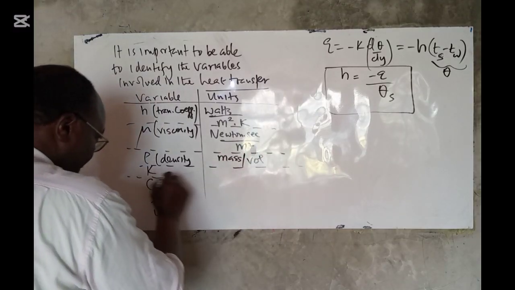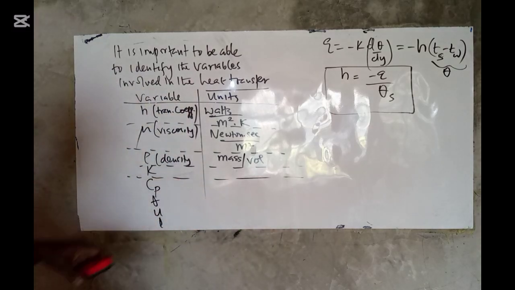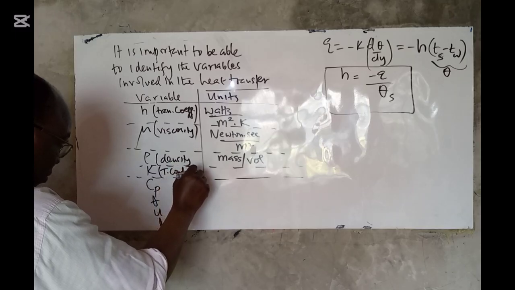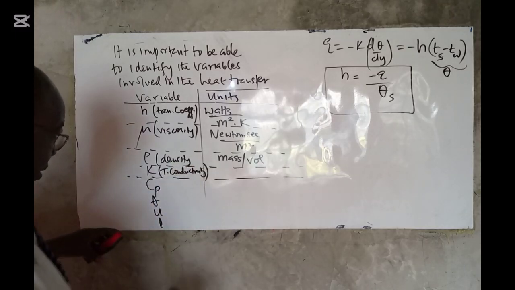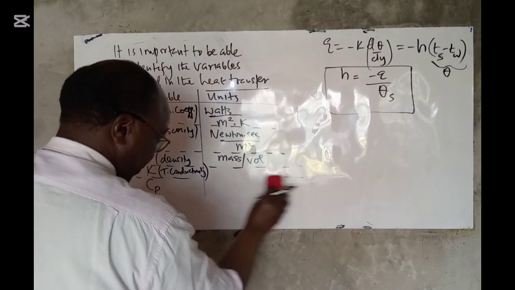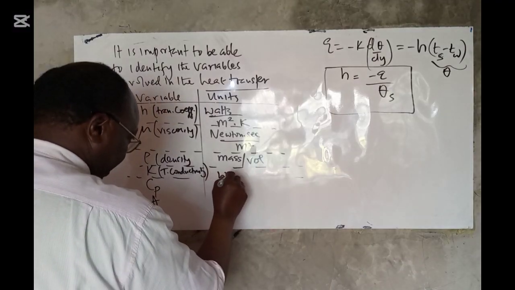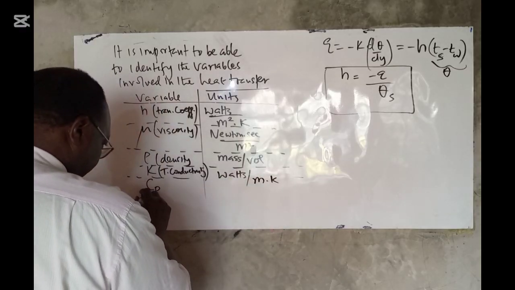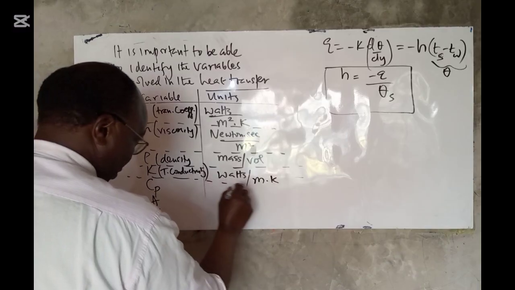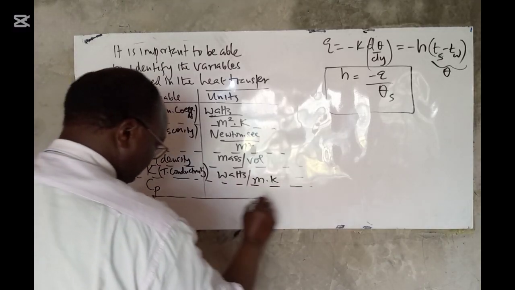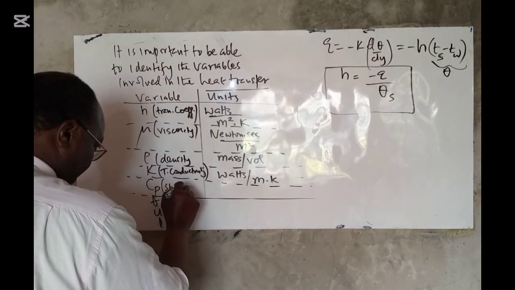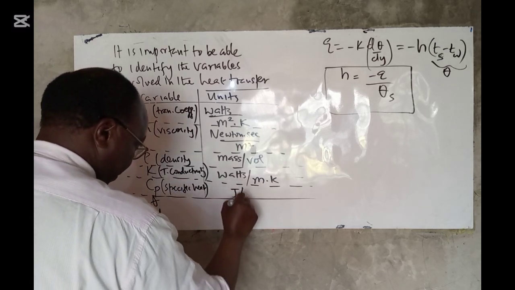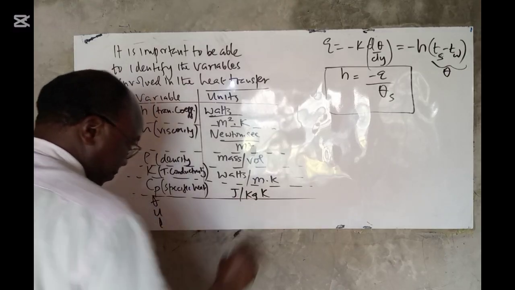This is the heat transfer coefficient. The other one, K, is thermal conductivity, and the unit for that is watts per meter Kelvin. Cp is specific heat, and the unit is joule per kilogram per Kelvin.